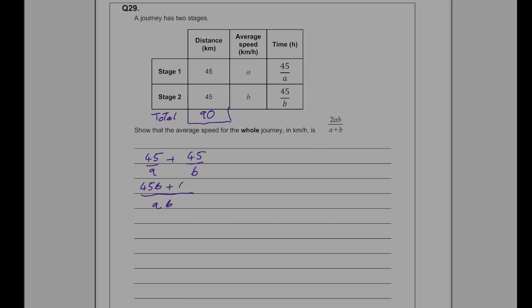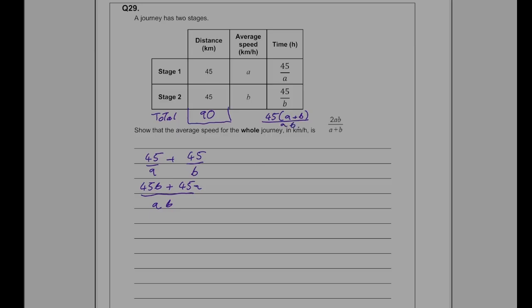And this one would be 45A. Right, so I've got a total time of 45 lots of A plus B divided by AB.